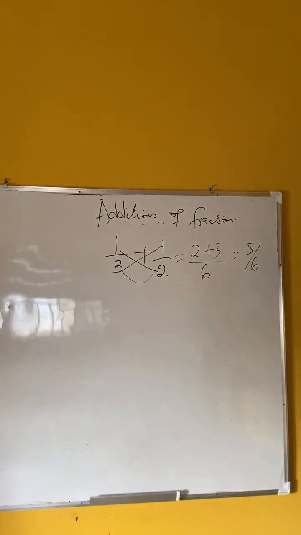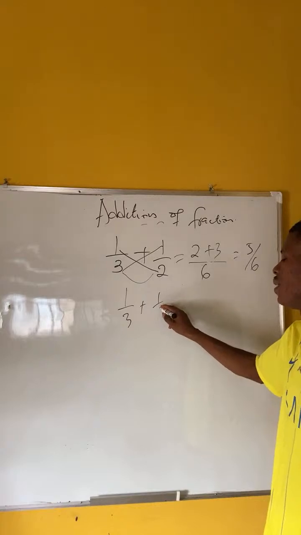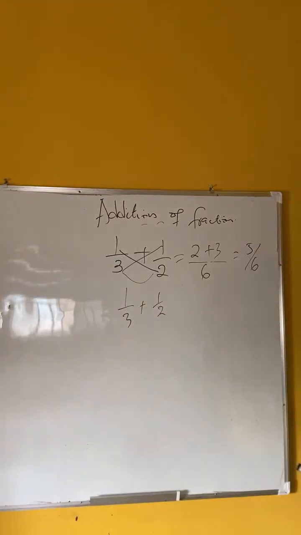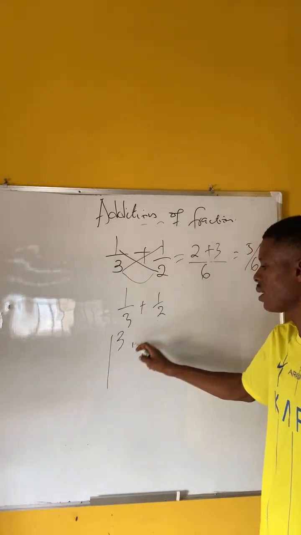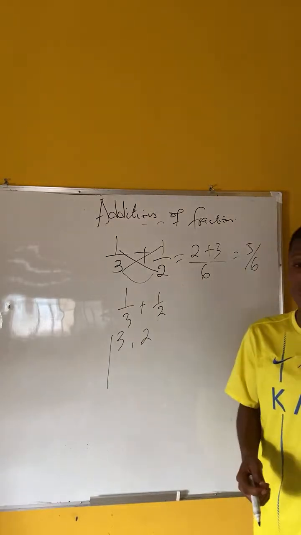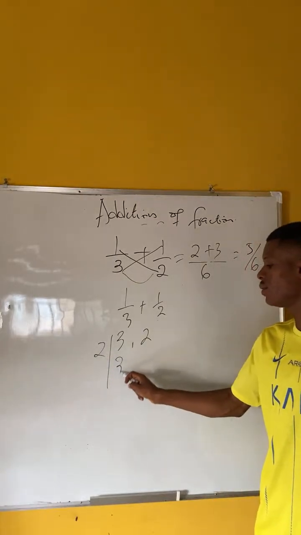Another method to do that: you have the same 1 over 3 plus 1 over 2. Find the LCM of the denominators 3 and 2. The first prime number we use to divide is 2. Since 2 cannot divide 3, you bring down 3.